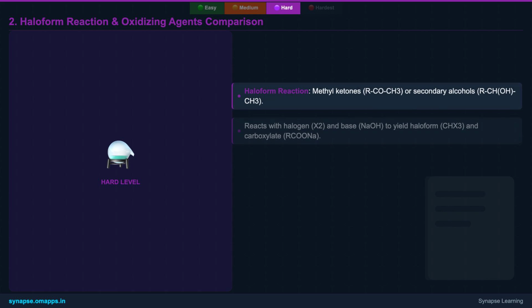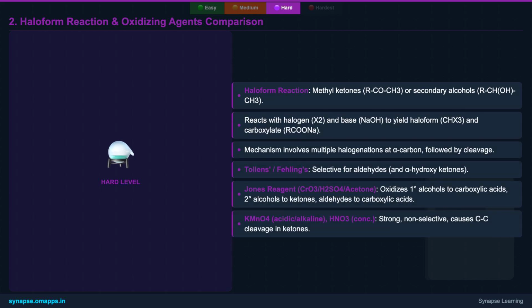Let's compare the oxidizing agents and their specific roles. Tollens' and Fehling's are like precision tools, only targeting aldehydes. Jones reagent is a bit stronger, converting alcohols and aldehydes. But then we have the heavy hitters like KMnO4 and concentrated HNO3, which are powerful enough to break carbon-carbon bonds in ketones.